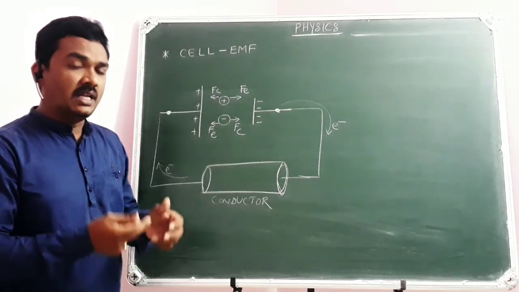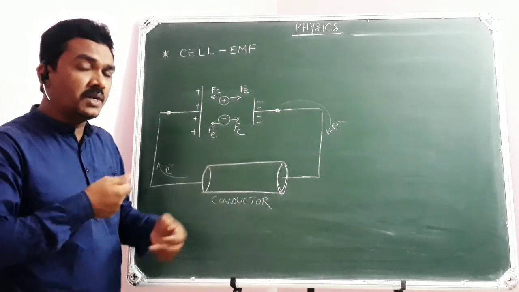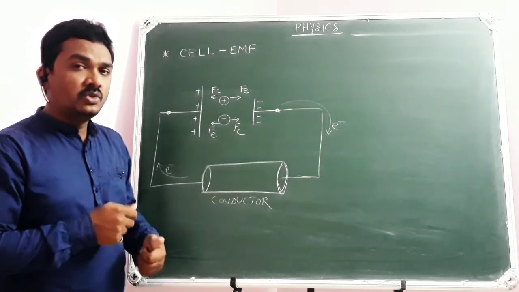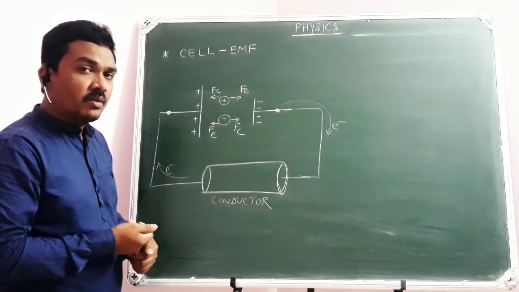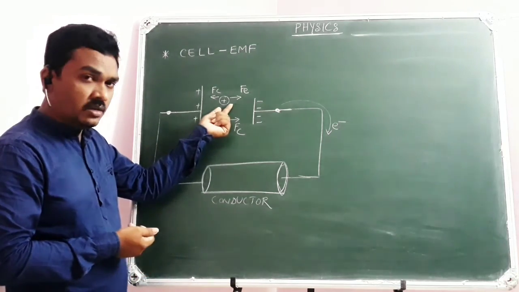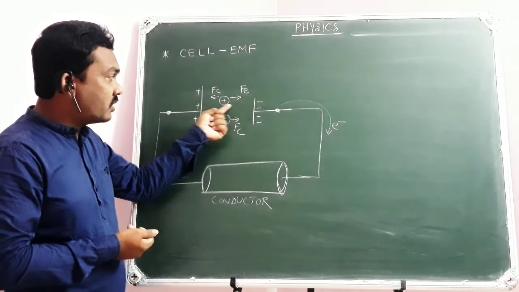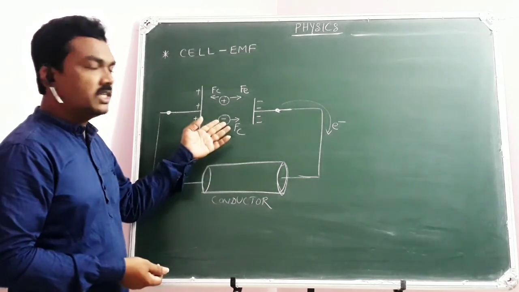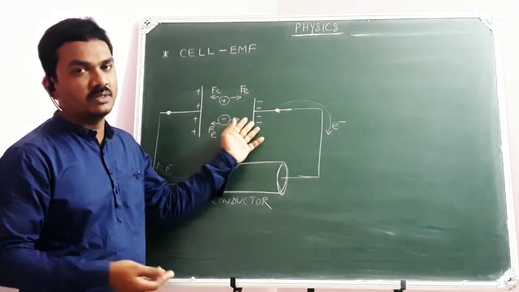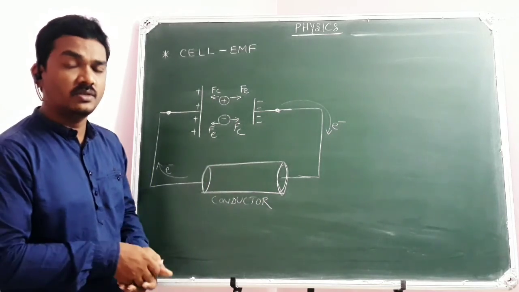So, a cell is utilizing its chemical energy to do the work to carry the positively charged ion from the negative terminal to the positive terminal. Of course, you can say to carry the negative ion from the positive terminal to the negative terminal.